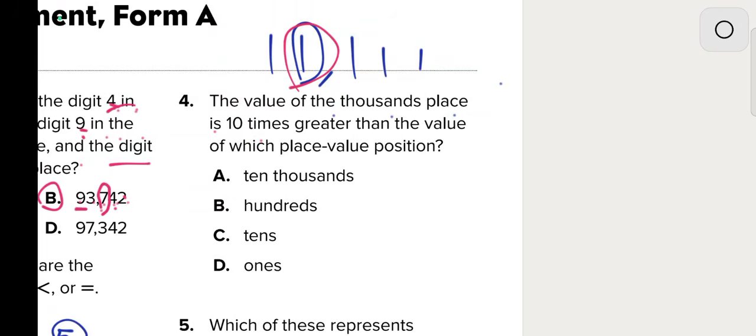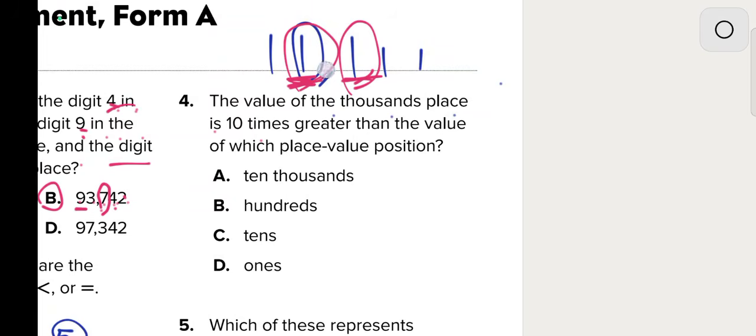is 10 times greater than, that means this digit is greater than which place position? Greater than this one 10 times. This one is greater than this one. Why? Because this one is hundreds place, but here is 1000. 1000 place is 10 times as much as hundreds place, right?